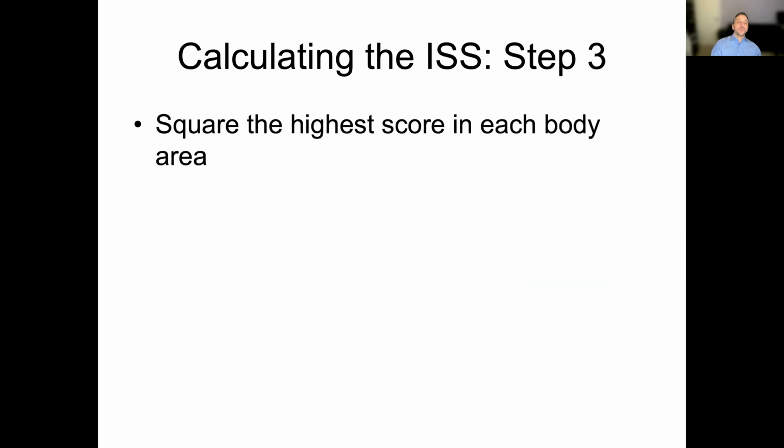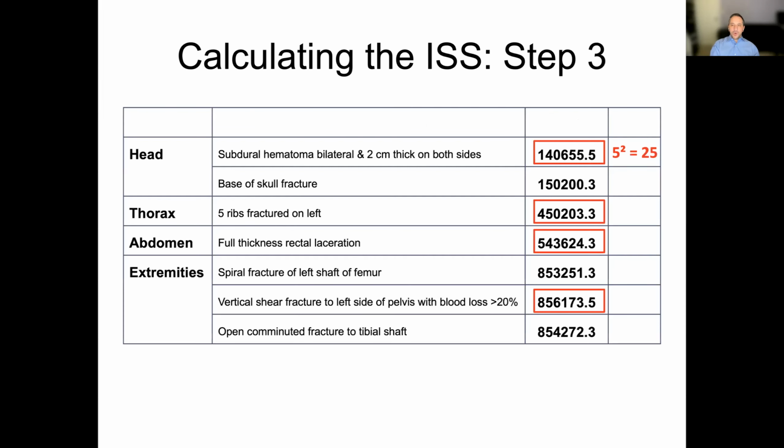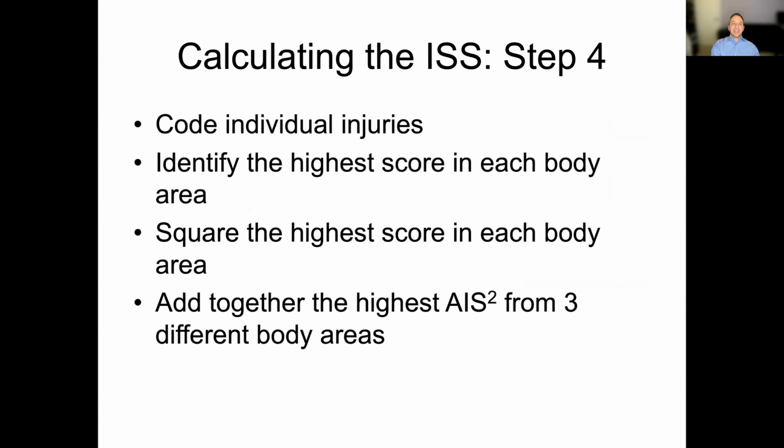And then you want to square the highest score in each body region. So in this case, 5 squared is 25, 3 squared is 9, 3 squared is 9, and 5 squared is 25.